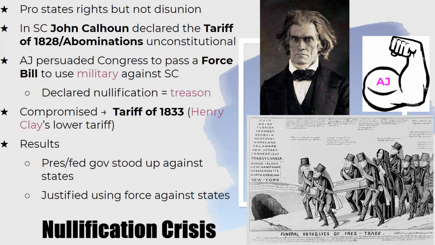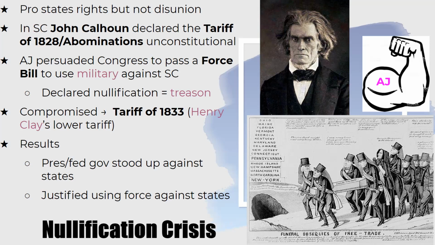Now, it didn't come to that because Henry Clay, the great compromiser of history, the guy who wrote the Missouri Compromise, American System, the Corrupt Bargain, he proposes a lower tariff. So this whole thing kind of got resolved just with that, but it had some interesting precedents being set. Now we see the issue of nullification coming back up.